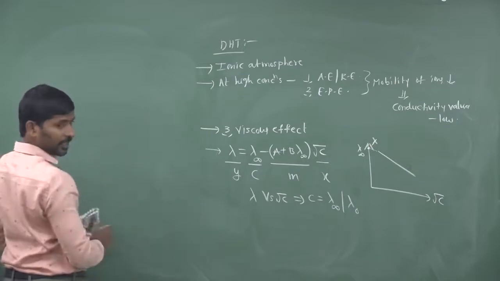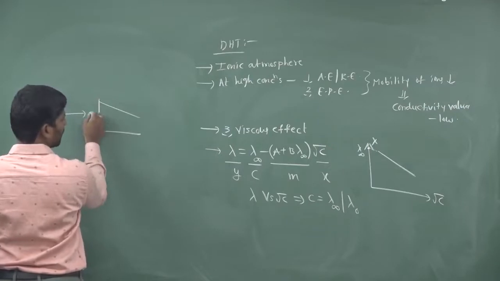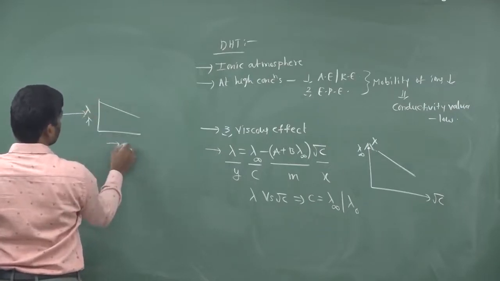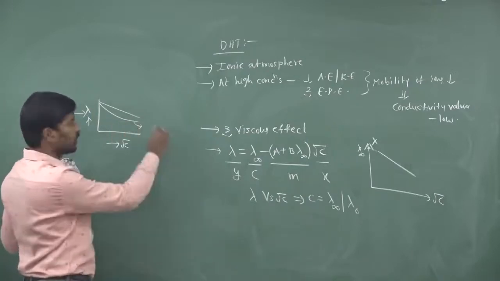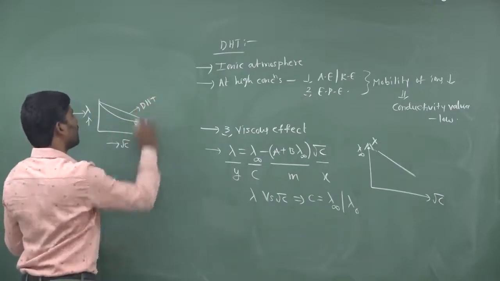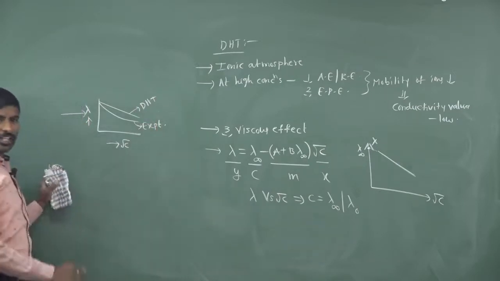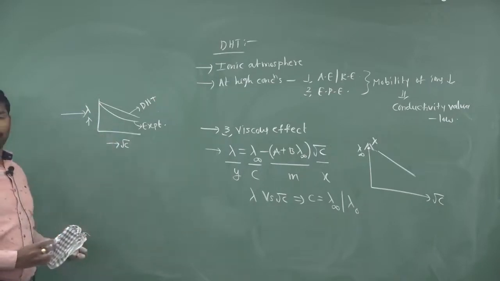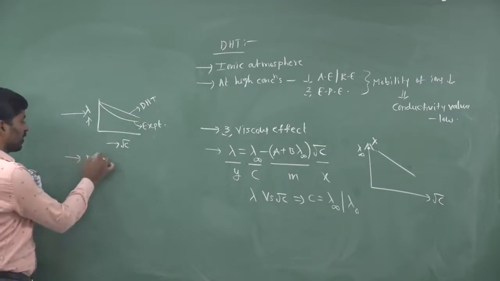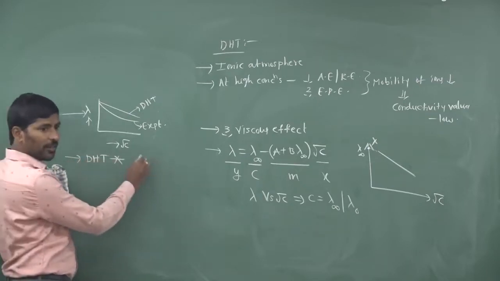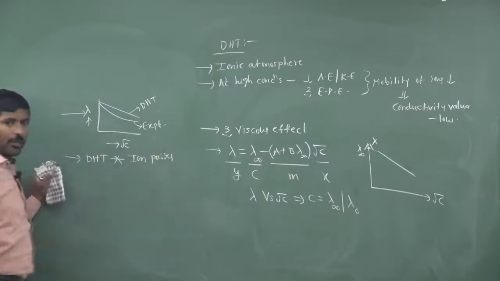One of the limitations of Debye-Hückel theory is that experimental values are lower than what we get based on Debye-Hückel theory. This is the expression based on Debye-Hückel theory, but experimentally we get lower values, since Debye-Hückel did not consider the formation of ion pairs, ion association, or ion doublets.